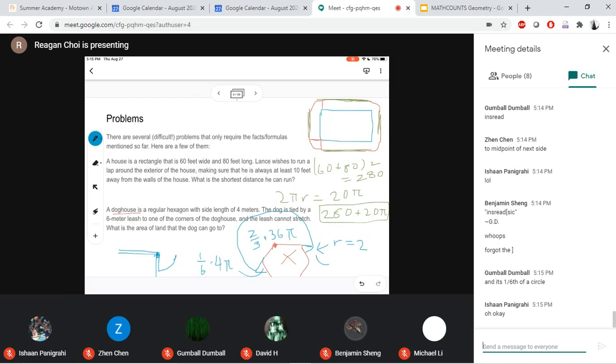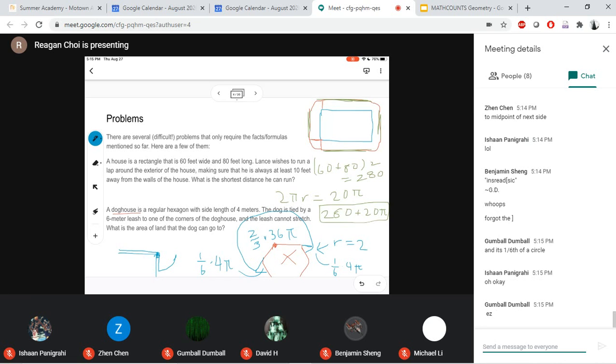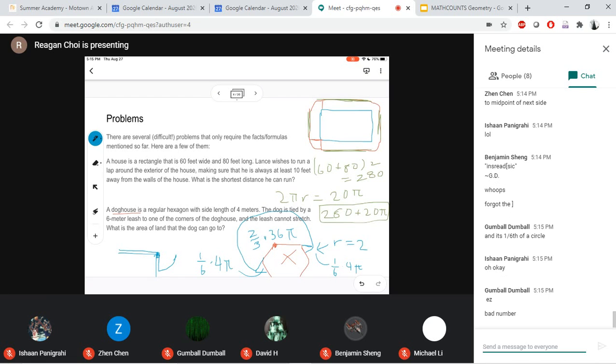This is also 1/6 times 4 pi, and you can add these up to get the answer. Yeah, I don't want to calculate it. I guess it's 24 pi plus 4/3 pi, so something like 76 over 3 pi. No, that doesn't seem right. Actually, it does. Yeah, maybe not the best numbers, but whatever.